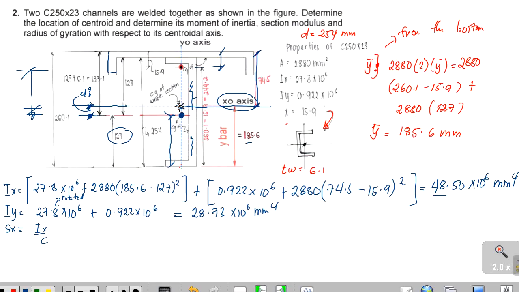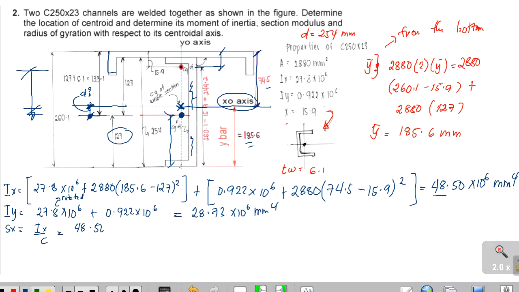It is 74.5 at the top and 185.6 at the bottom, so our c here is 185.6.